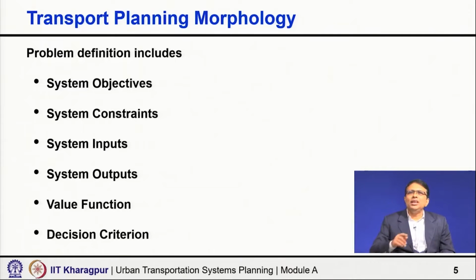Then we should clearly identify, if I want to do that, what kind of inputs I need, what my outputs will be, then how I will map the outputs with my objectives using the value function, and then how I am going to evaluate my alternative solutions. So, what would be my decision criteria?